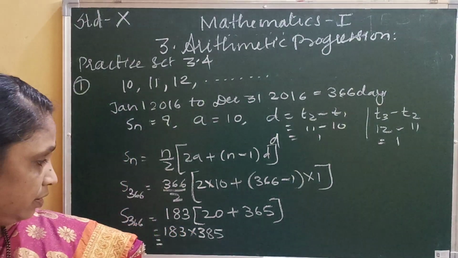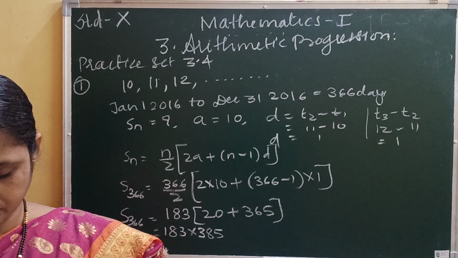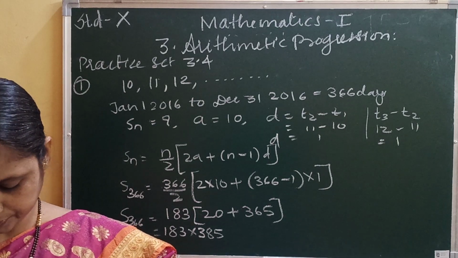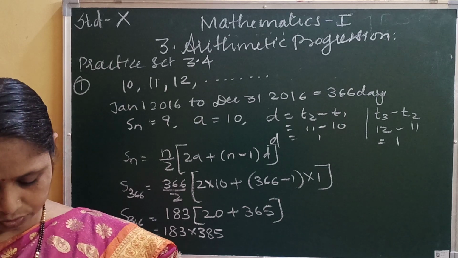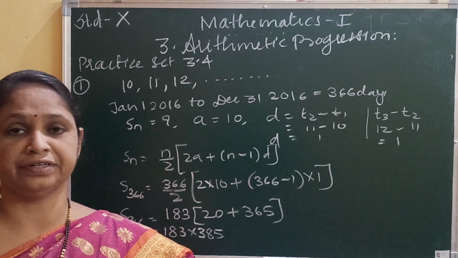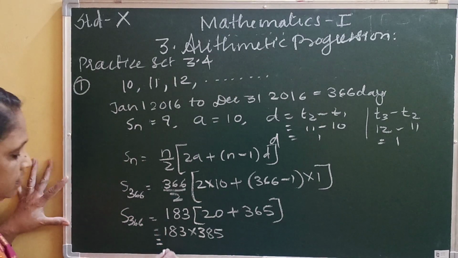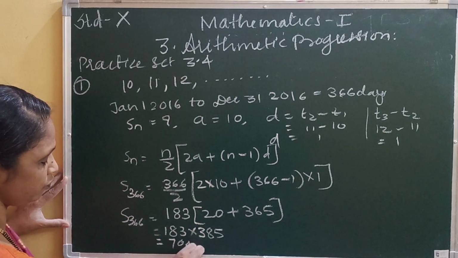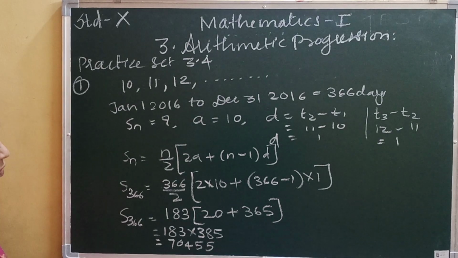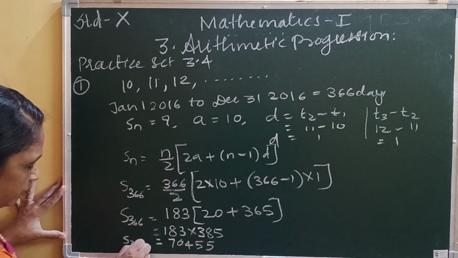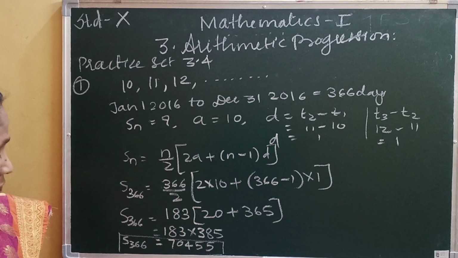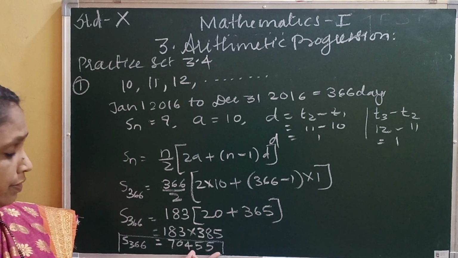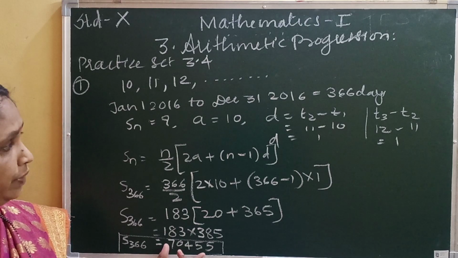Now this multiplication, how much are we getting? 183 into 385, that is equal to 70,455. This sum will be equal to 70,455. Now see how much she will save at the end of the year. Who is that? Sanika. Sanika will save 70,455 rupees.